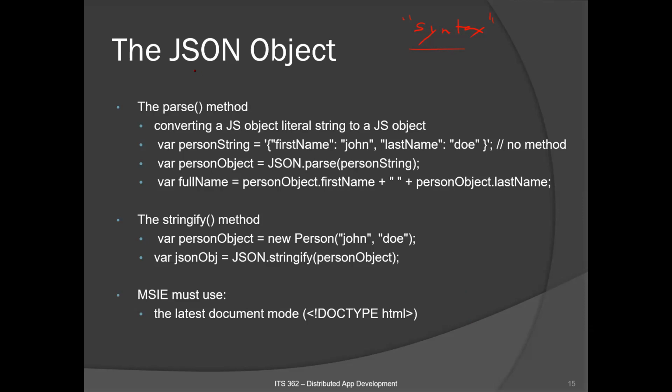All right, so the JSON object, it's an object, right? Think of it as a library, if you want to think of it in terms of that, like you think in C or you think in Python, right? In Python, we bring in all these libraries for all kinds of reasons. Well, think of it that way.